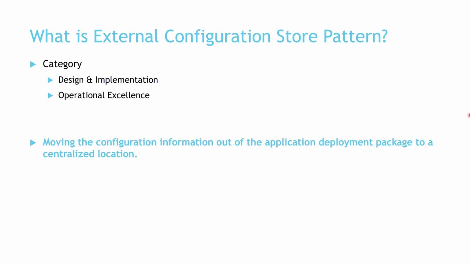What we are going to do in this pattern is pull this information out from the local configuration settings of the Functions app or app service and store it somewhere else. There are a lot of benefits to doing this, and we are going to see them in more detail in this video. Now let's dive into the example to help us understand this pattern better.